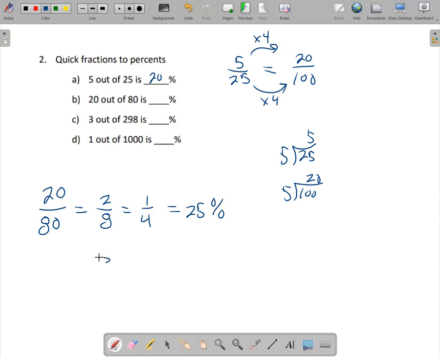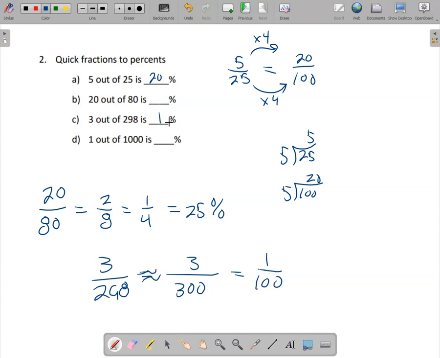All right, 3 out of 298. Well, 298 is not one of my favorite numbers, but I really like 300. This is about the same as 3 out of 300. And 3 goes into 300 100 times. So we could call this 1%.